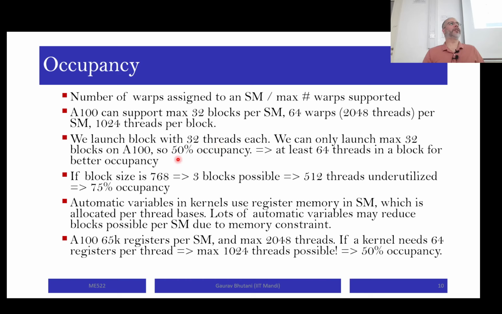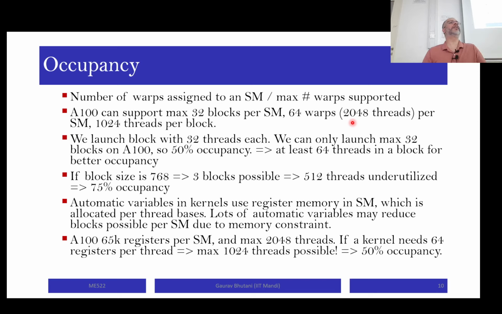So that means 32 times 32 is 1024. So what you have done is you have launched 1024 threads, whereas the total threads allowed were 2048. So what's happening is that you have only a 50% occupancy.